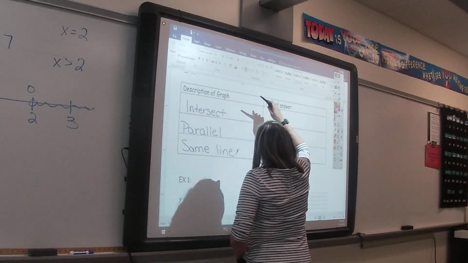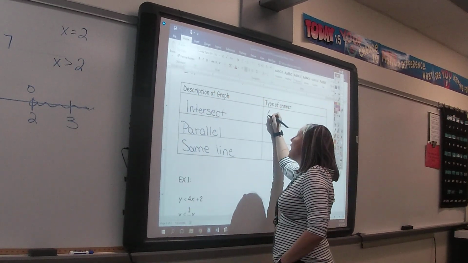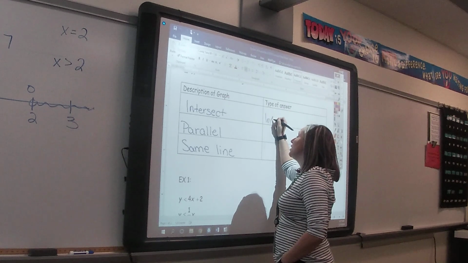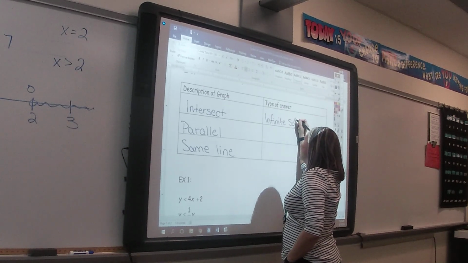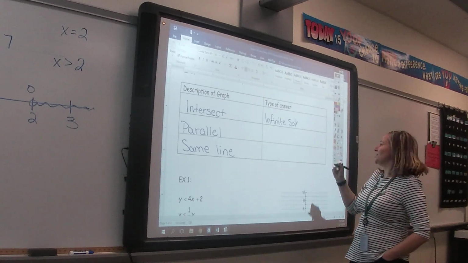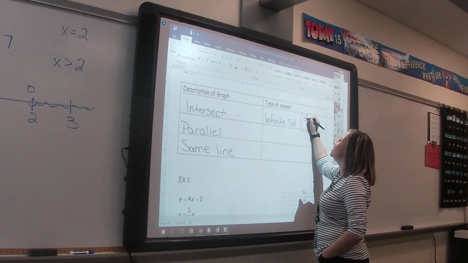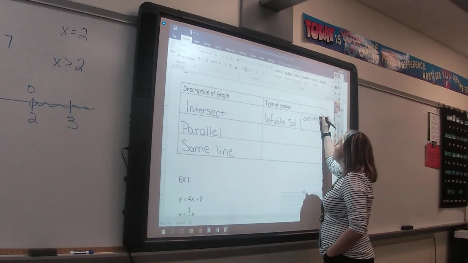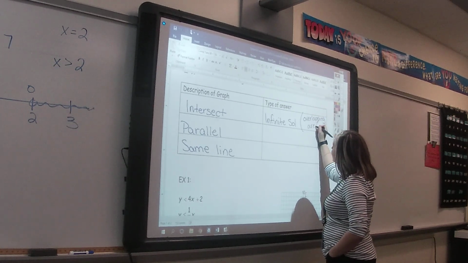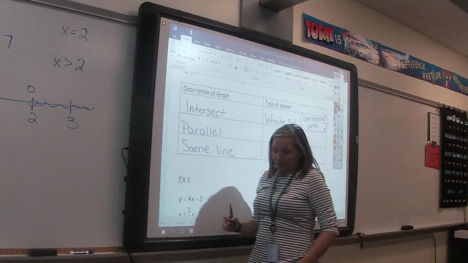Okay, so if we get something that overlaps, if we get intersecting lines, we're going to have an infinite number of solutions. It's going to be a little bit different than that. The infinite solutions is going to be the overlapping area. So it's actually just going to be a picture today for the most part.